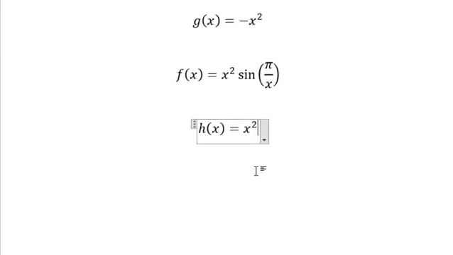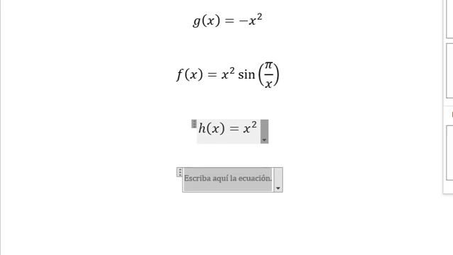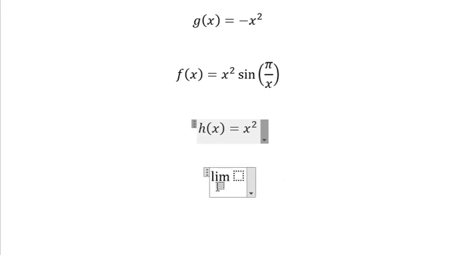So let's see what happens. So let's find the limit as x approaches 0 of the first function g of x, which would be minus x squared.